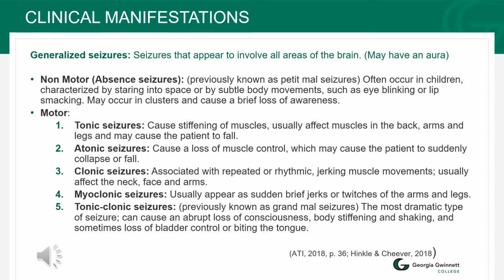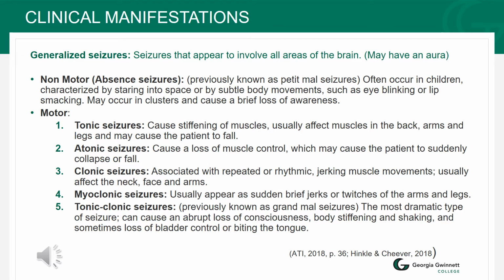And then the last one listed here is the tonic-clonic seizure. So a tonic-clonic seizure usually begins with a few seconds in that tonic episode. The tonic episode is where the muscles stiffen, and then they have loss of consciousness. And then that's followed by a 1 to 2 minute clonic episode of rhythmic jerking of the extremities, okay?